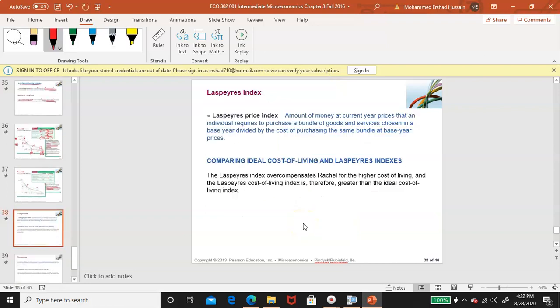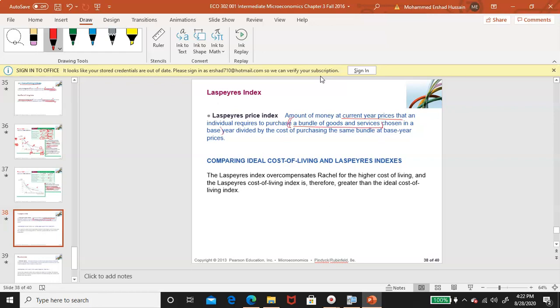On the other hand, this is what we call Laspeyres's price index. This tells us the amount of money at current year prices that an individual requires to purchase a bundle of goods and services chosen in a base year.